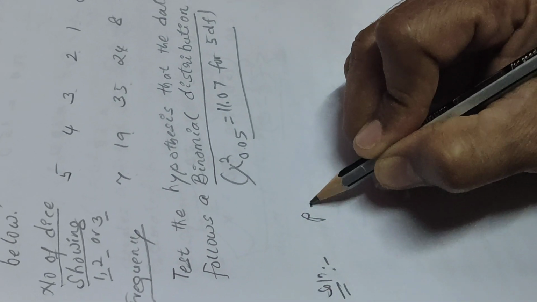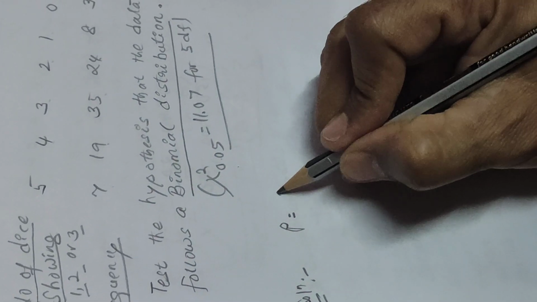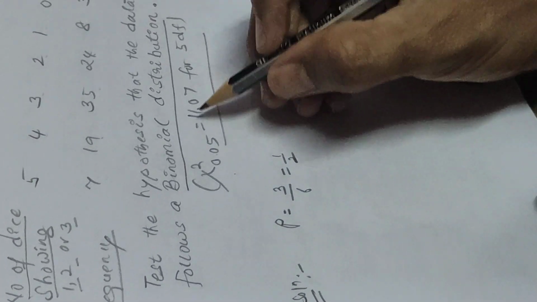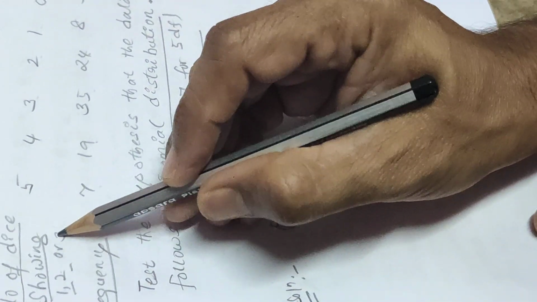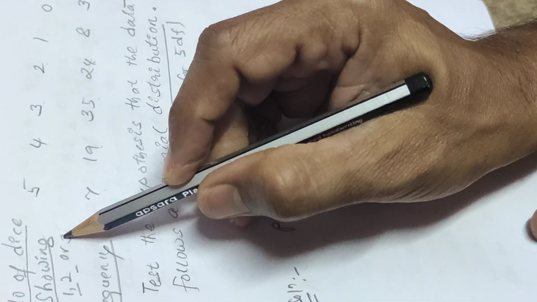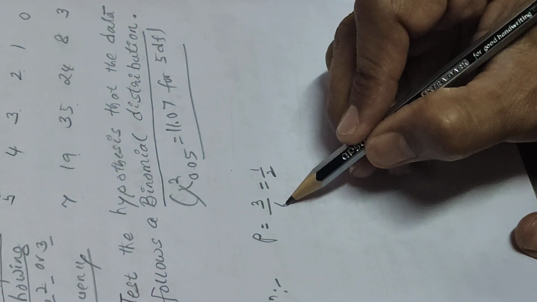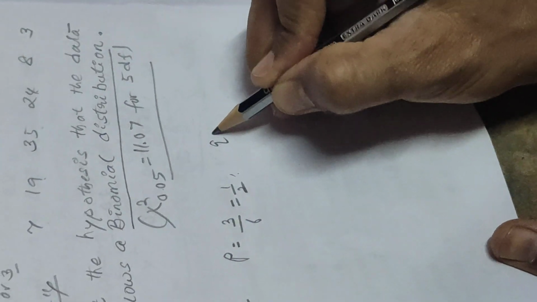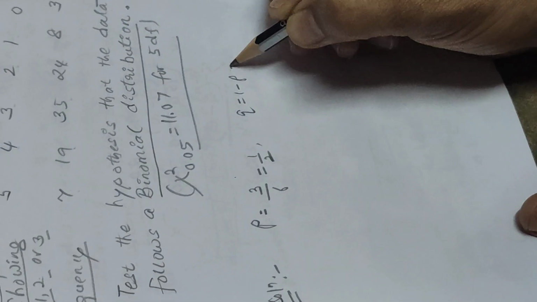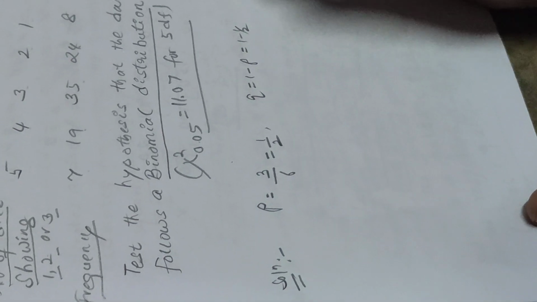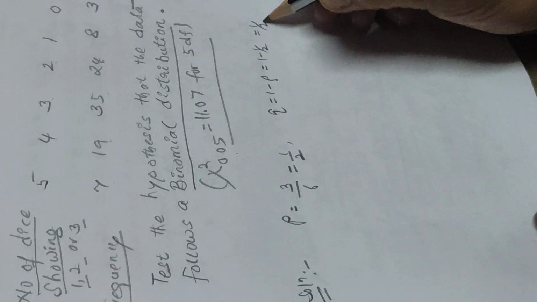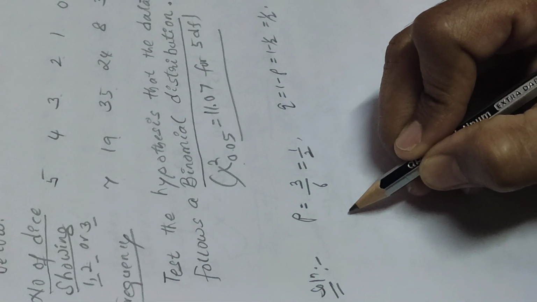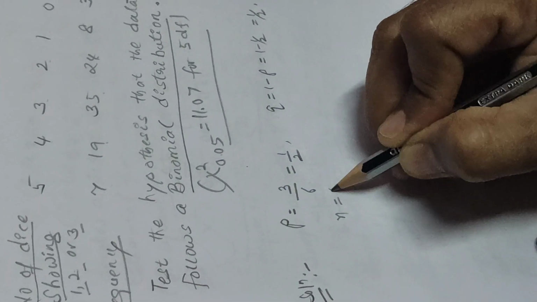First you should know the value of P. P is equal to 3 by 6, that is 1 by 2, since 3 faces are there divided by the total number of outcomes, that is 6 in the dice. So Q is equal to 1 minus P, that is 1 minus 1 by 2, which is also 1 by 2.